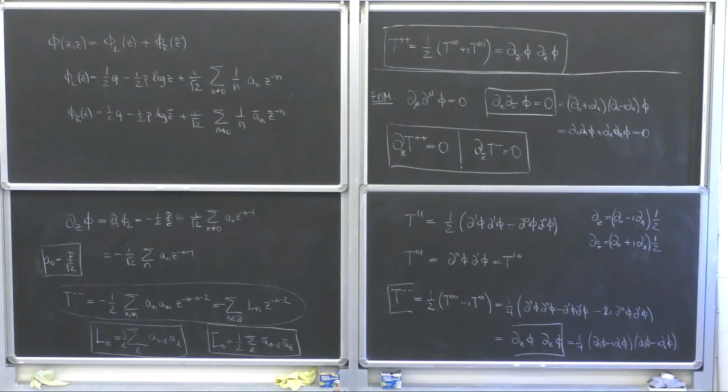What you have in mind is that z bar is really the complex conjugate of z. But here I'm treating z and z bar as independent variables because I've gone to the complexification of my space. And then the derivative d_z of 1 over z bar is 0. So I may have to be careful when I put things together at the end of the day, but at this stage I'm treating them as independent variables.